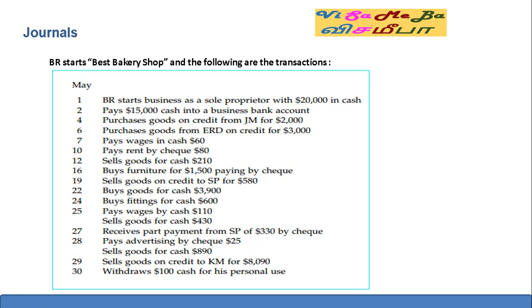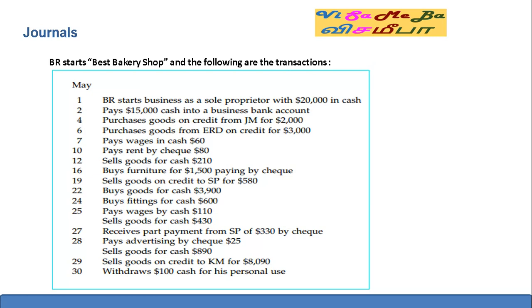Let us now look at a simple list of transactions and figure out how to post the journal entries for each transaction. So in this example, BR is the person who starts Best Bakery Shop, and the following are the transactions of his bakery shop.